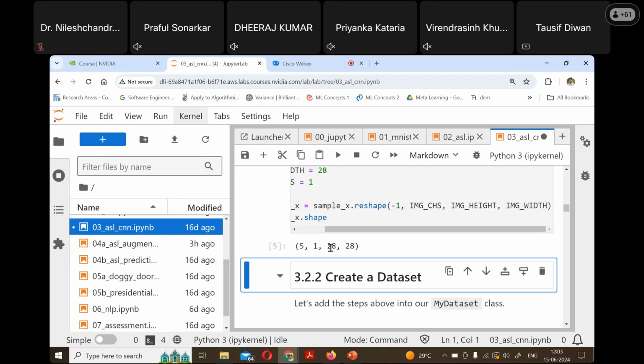Now see, what is 5 over here? 5 is nothing but the total number of samples, like it is nothing but the batch size. Okay, 1 is nothing but the number of channels, and 28 is nothing but width and height.